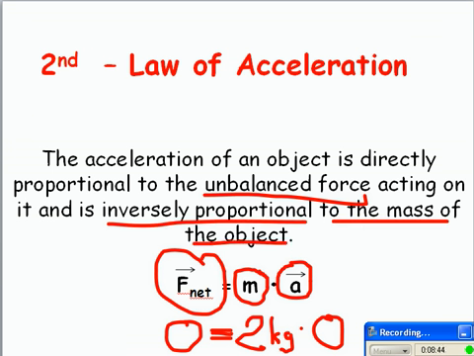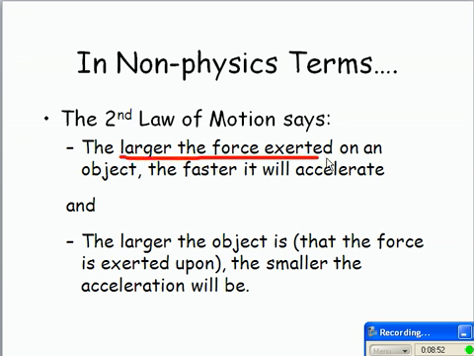So to state the second law of motion in non-physics terms, it means that the larger the force that you exert on an object, the faster it will accelerate. So it would be the same size object in two cases. You push on it lightly one time, it doesn't accelerate very fast. Push on it very hard the second time, and it will accelerate faster.